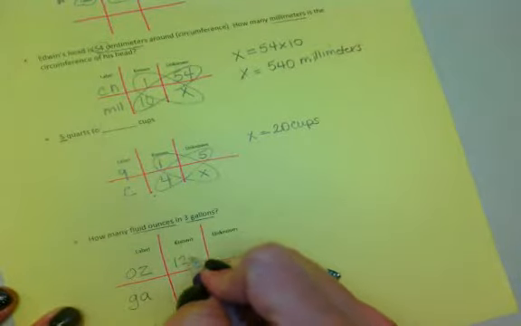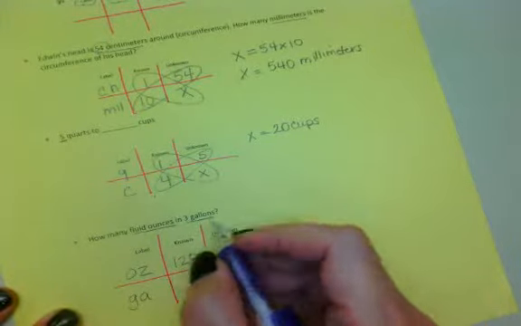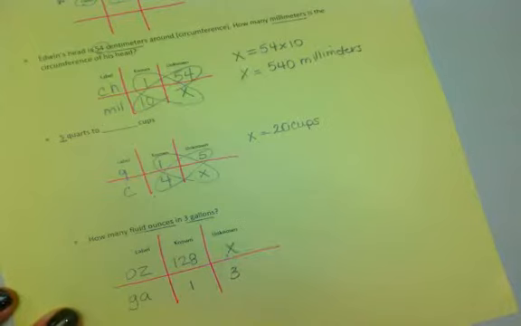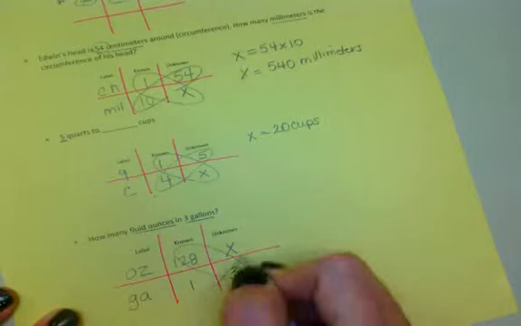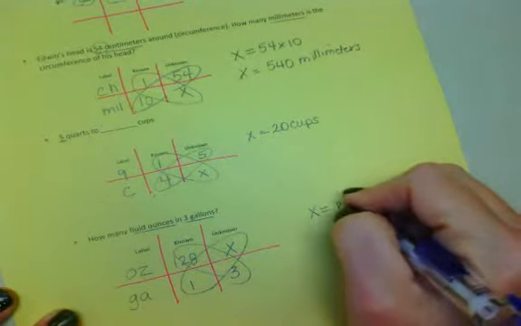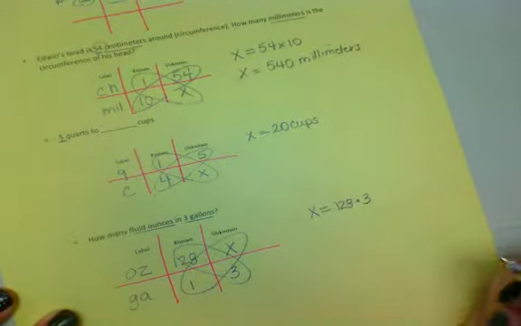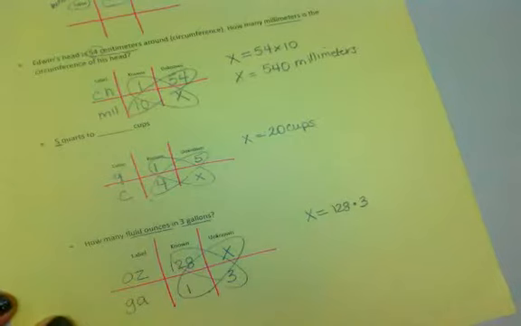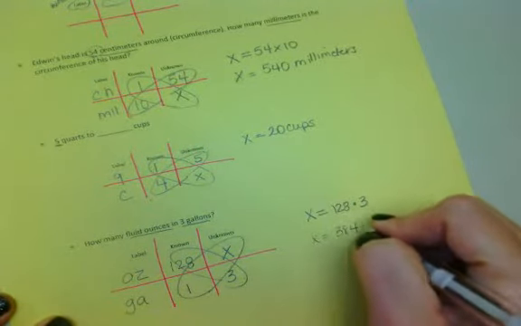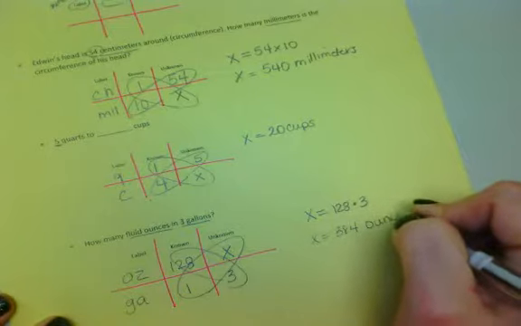So 128 ounces, 1 gallon. What's our unknown? Well, we're given 3 gallons and we're trying to find out how many ounces. Cross multiply. So x equals 128 times 3. Well, 128 times 3, guys, is 384 ounces.